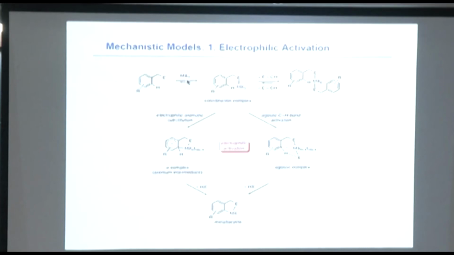This is a donating interaction. The sigma bond gives electron density to the metal. It's three center, two electrons. The only two electrons involved are the CH bonding electrons. So the more we push electron density into this ring, the faster the reaction. So that will help me to distinguish: yes, it's electrophilic.